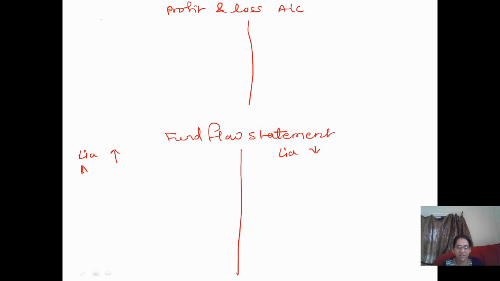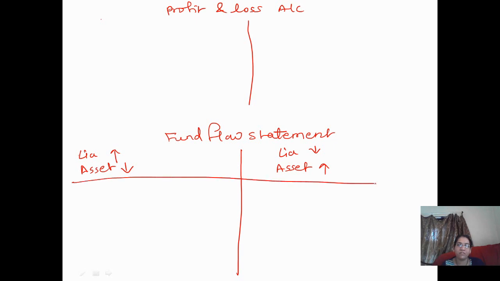But assets are the reverse. Asset decrease, sources, asset increase, application. Okay, it is the formula format. This shows sources and this shows application. Okay, got it? Fund flow statement.